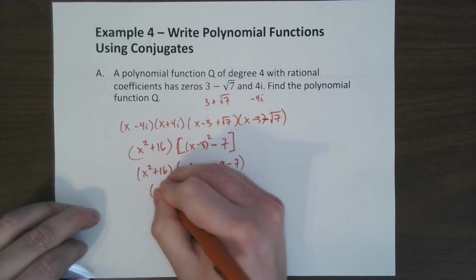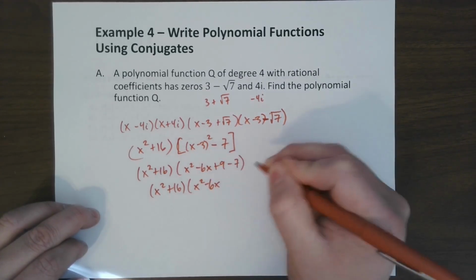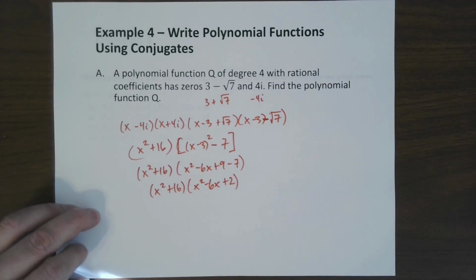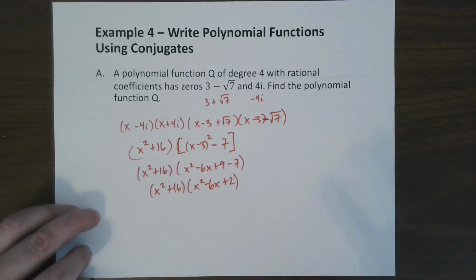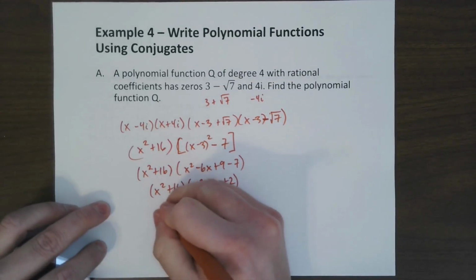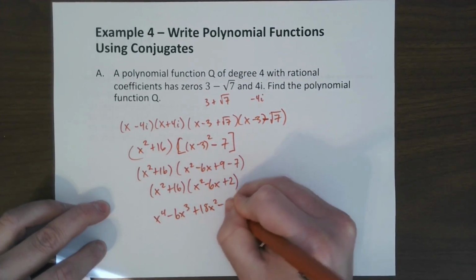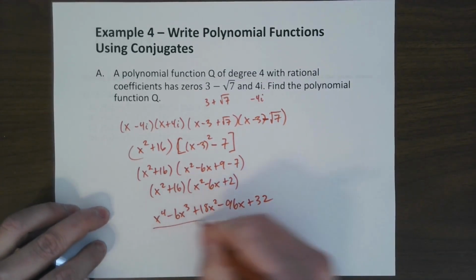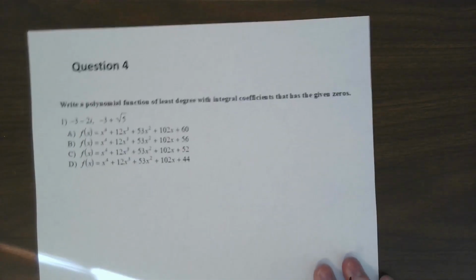And we get x squared plus 16, x squared minus 6x plus 2. And then from there, what you can do is go ahead and just distribute that. I'll trust that you know how to do that. So it's x^4 minus 6x cubed plus 18x squared minus 96x plus 32. And that is how you do that. Go ahead and try this problem.